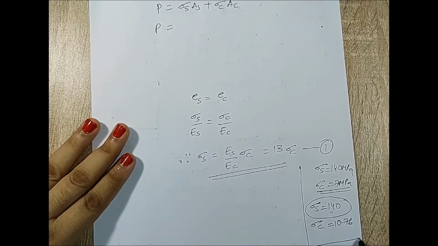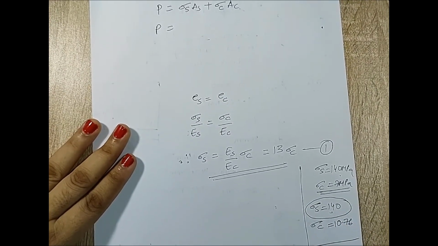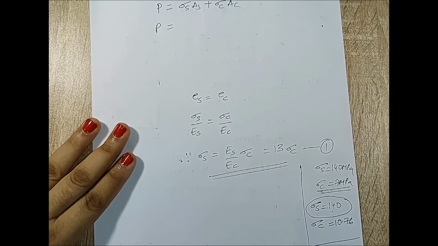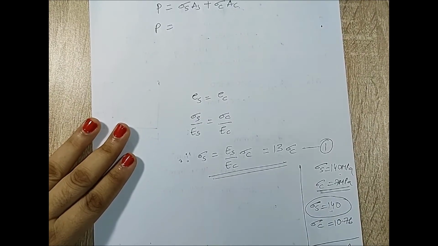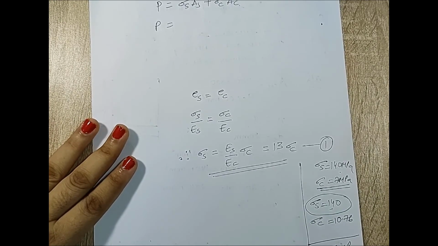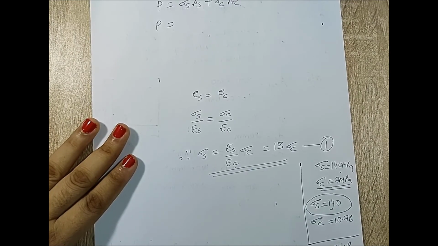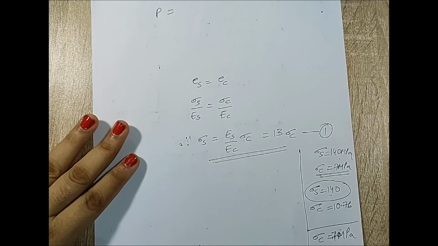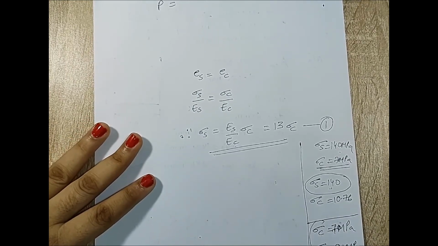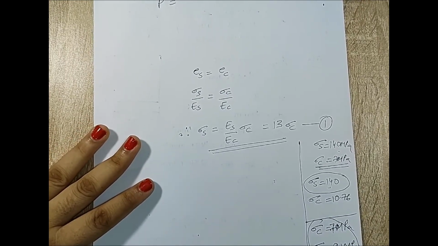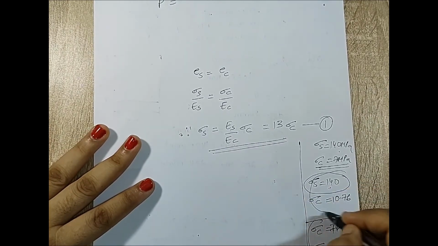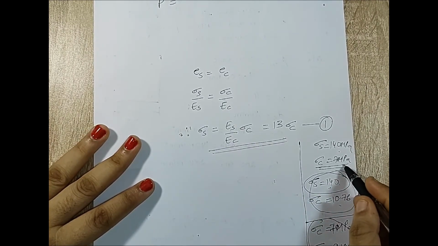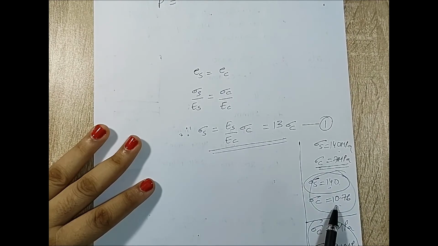Now we will just reverse the case and I'll substitute sigma C as 7 megapascal. If I assume 7 megapascal and I substitute here, I will get the value of sigma S as 91. I get the answer of sigma S as 91 megapascal, which is actually less than 140 megapascal, which means I can assume that this combination is correct for my numerical. I cannot assume the other combination because it should be less than 7 and not more than 7.